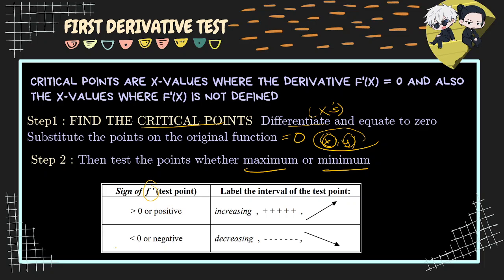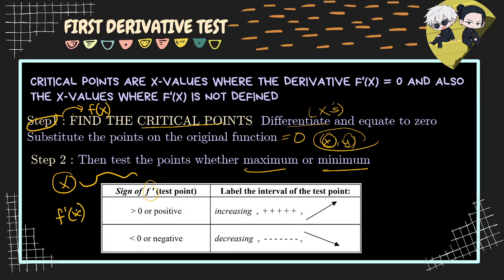So, when we say first derivative test, we are just going to substitute our critical point, yung x coordinate ng critical point, isa-substitute lang natin dun sa function na dinerive natin.